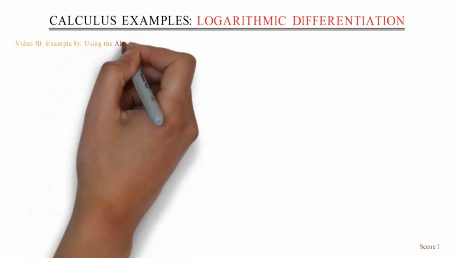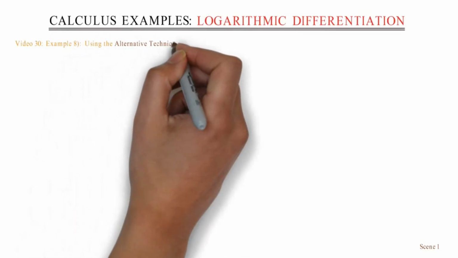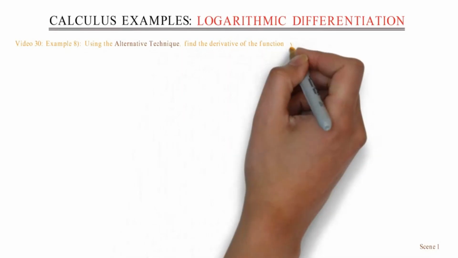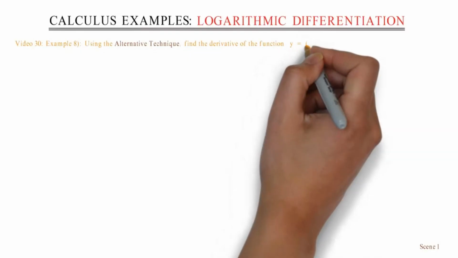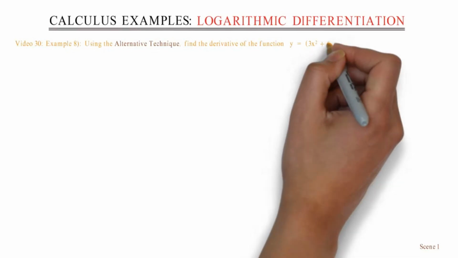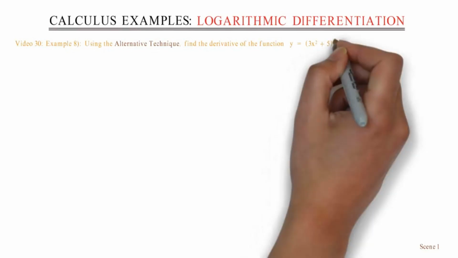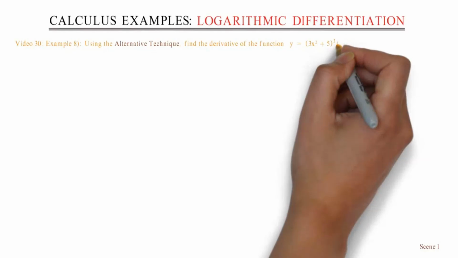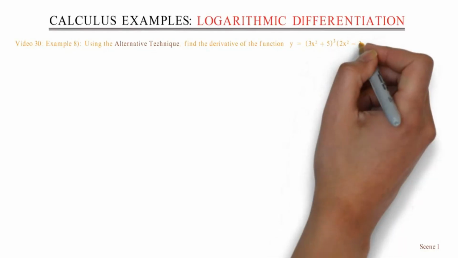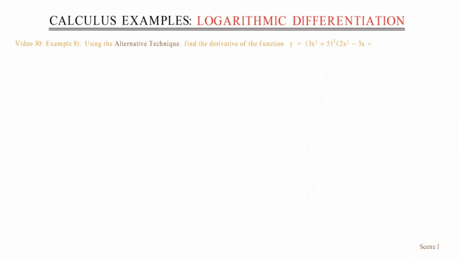Using the alternative technique, find the derivative of the function y equals (3x squared plus 5) all cubed times (2x squared minus 3x plus 7) to the fifth.